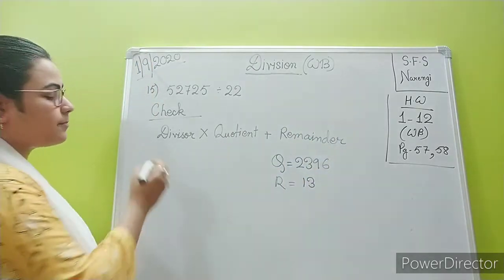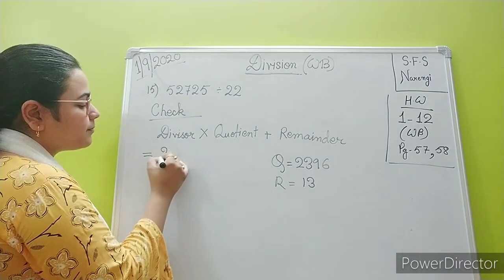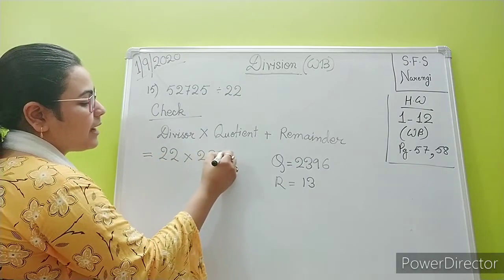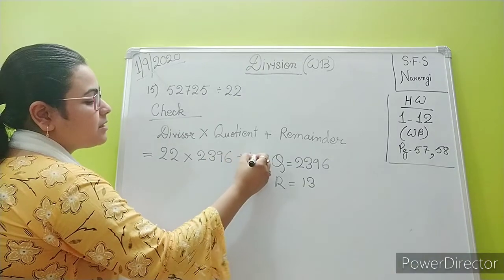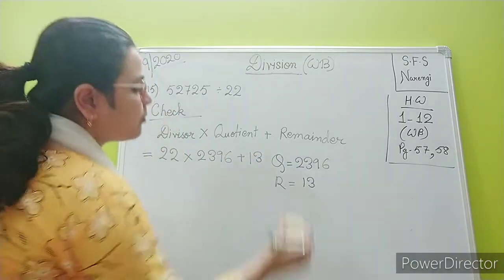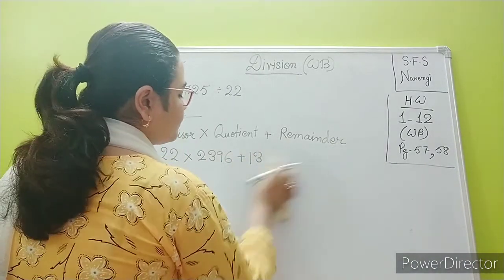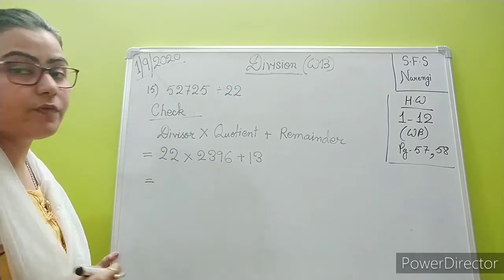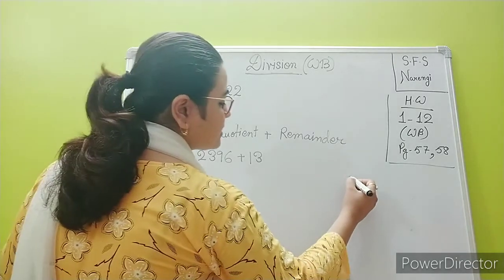Right? So what is our divisor? 22. What is the quotient? 2396, plus remainder is 13. So what do we need to do? We need to first multiply 2396.